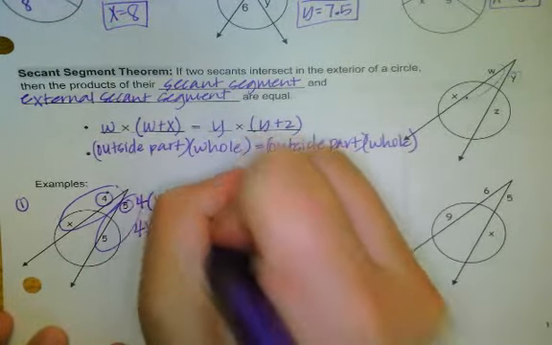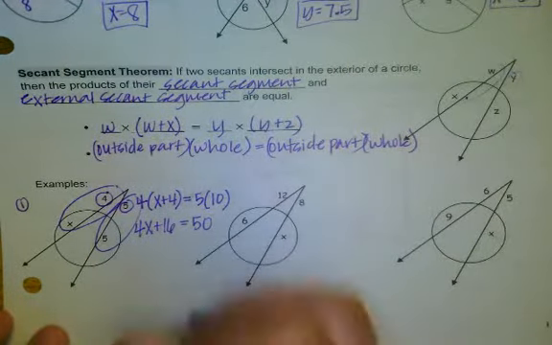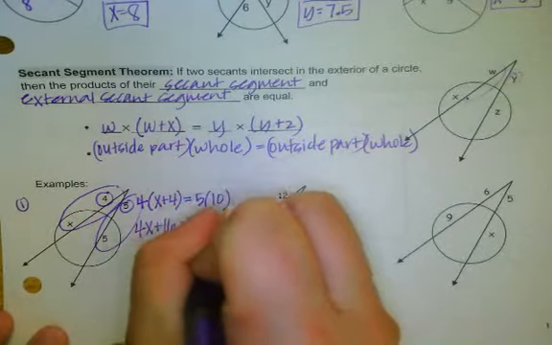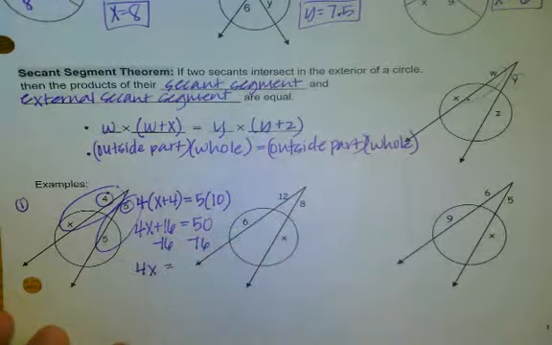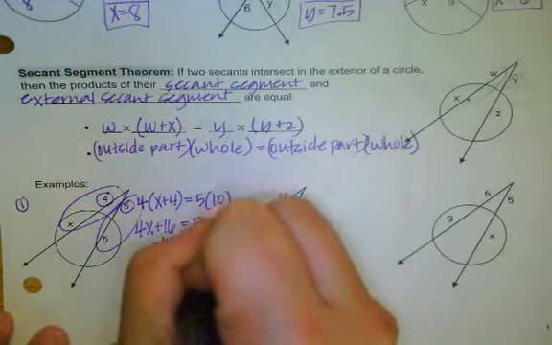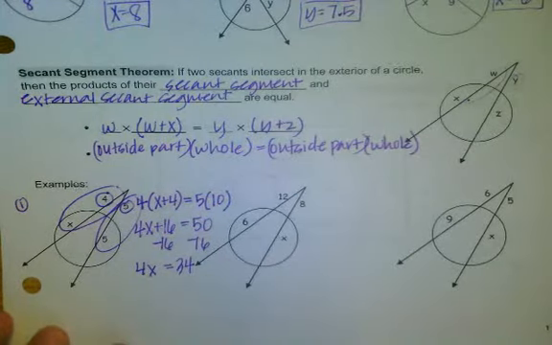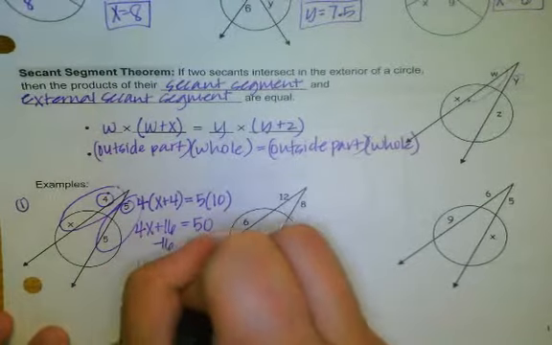So if I subtract 16 from both sides, I get 4x equals what? 34. Divide by 4, and x equals what? 8.5.